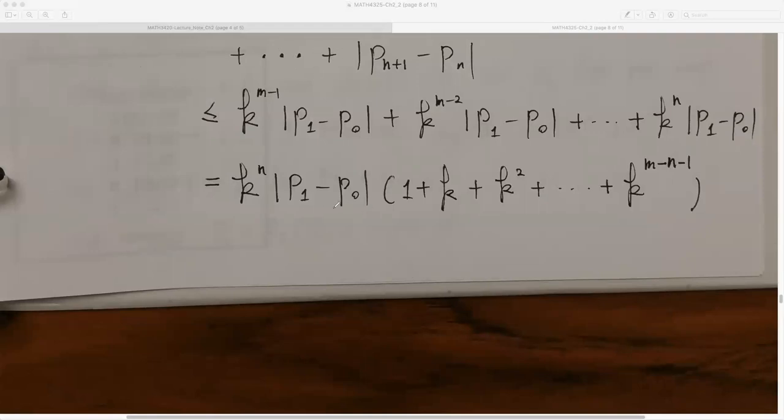Let's see. So this one is equal to a series, right? And then we see k to the i, with i going from 0 through m minus n minus 1.